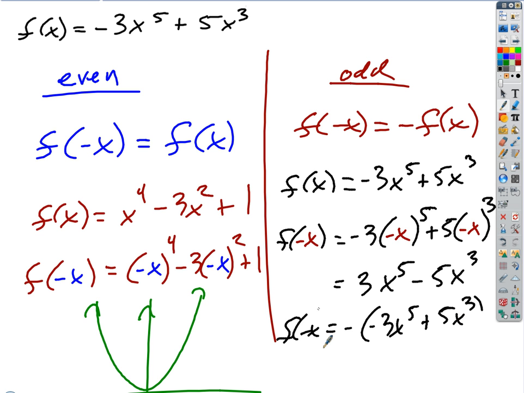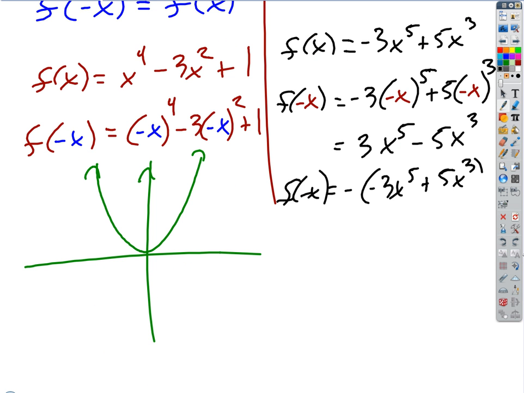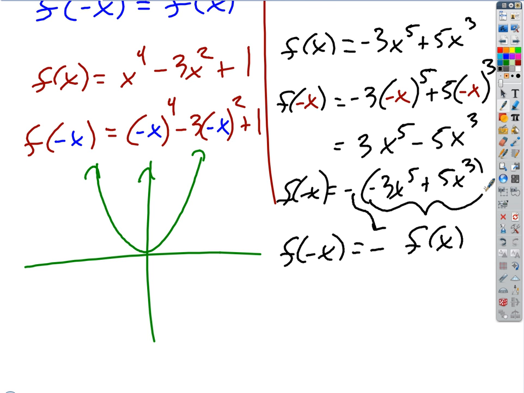Well, that's f of x. So we just showed that f of minus x equals minus f of x. Make sense? Questions on that?